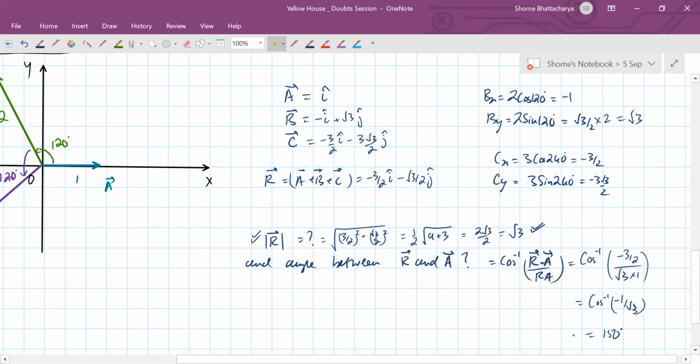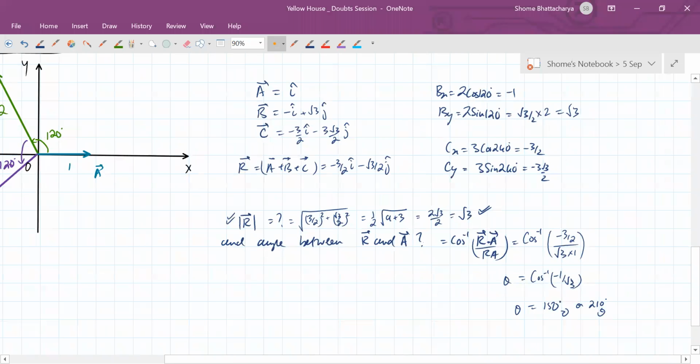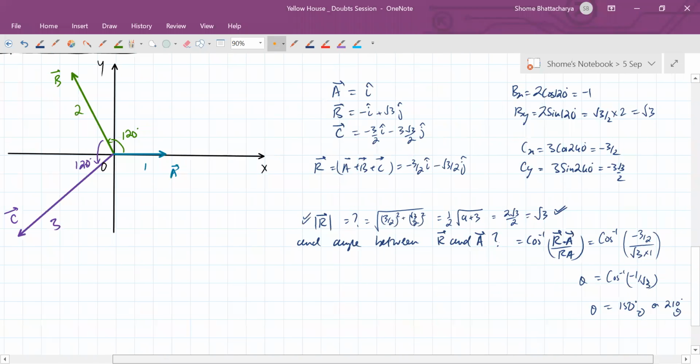But since 150 is not given in any of the options, so we can also take, so 150 is like this. So that's the same thing as 210 anti-clockwise. Okay. So just finish writing this and let's move on to question number 8.